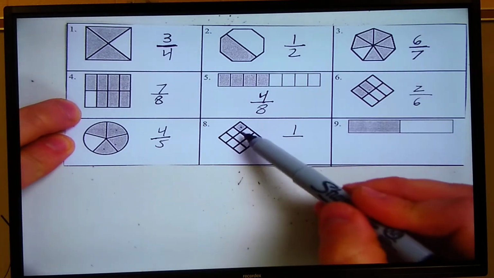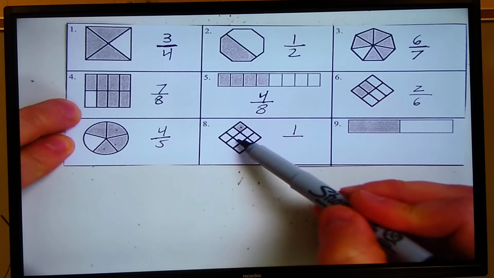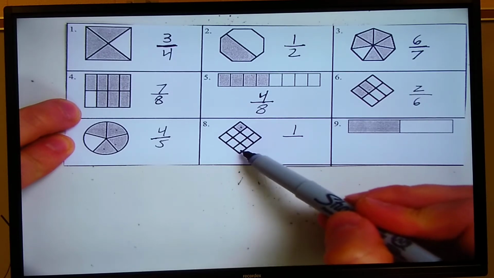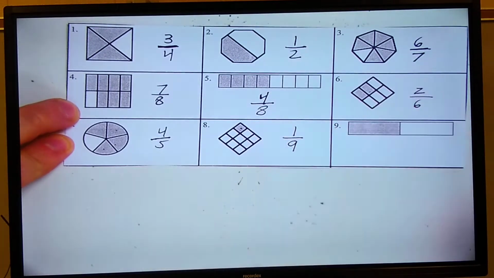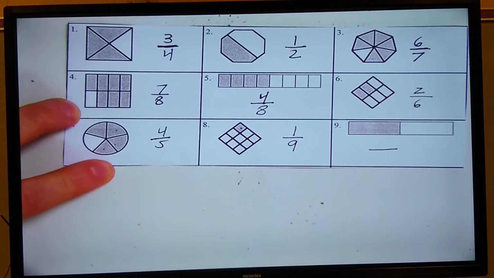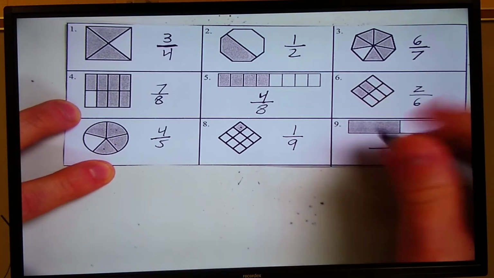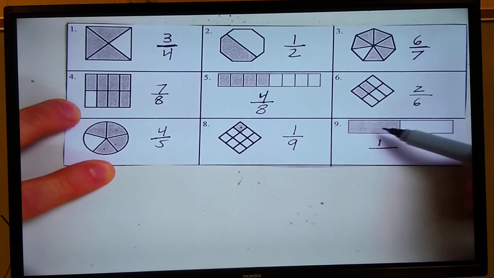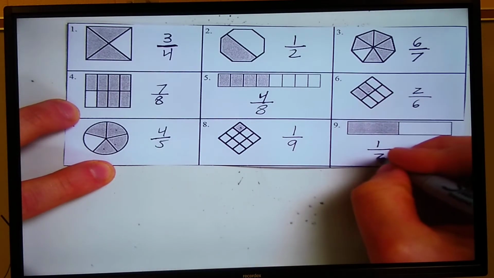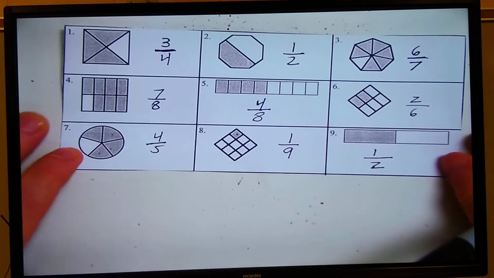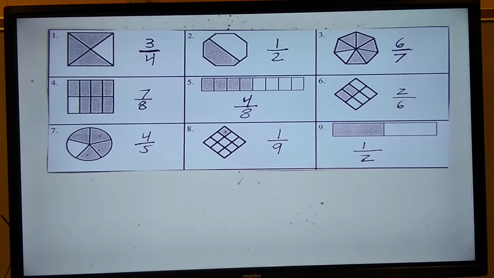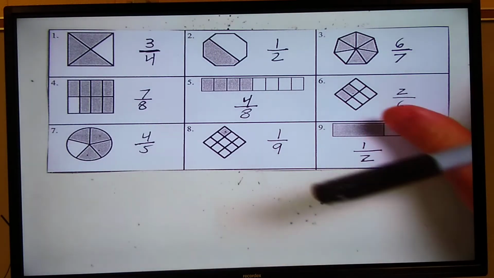My denominator, 1 through 9. 1/9. And last but not least, number 9. My numerator, 1. My denominator, 1, 2. So 1/2. So that's just with regular fractions, discovering the numerator and the denominator.